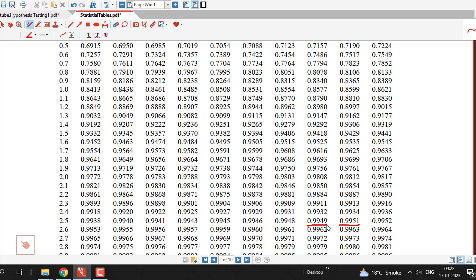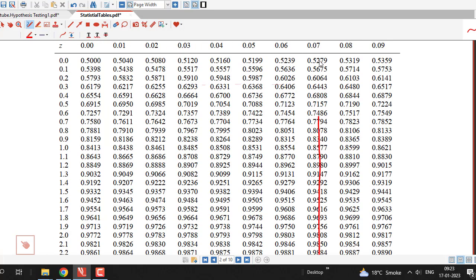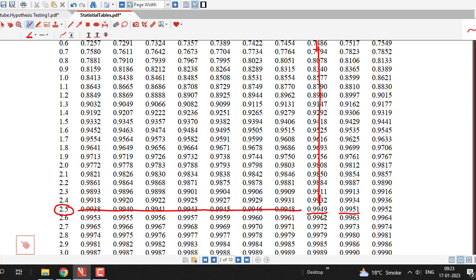So we can take the average of z values corresponding to these two areas, and here this value of z is 2.5, and if we go in this row up to this, we have to search for this value. So here we can see I have 0.07, that means I have 2.57 corresponding to 0.9949, and this corresponds to 0.8.